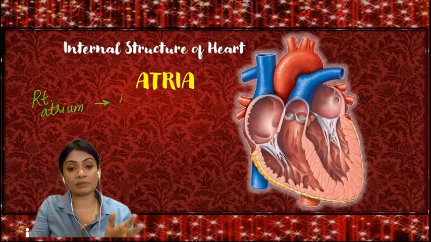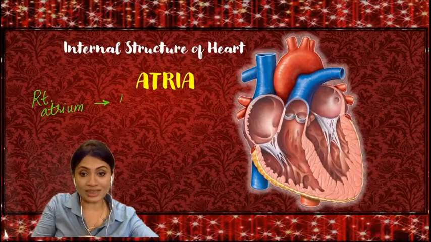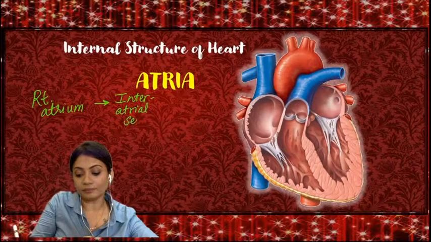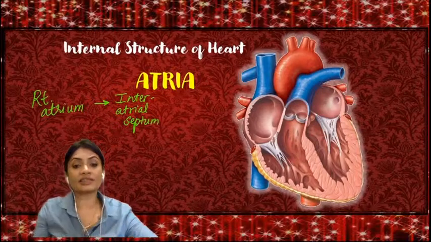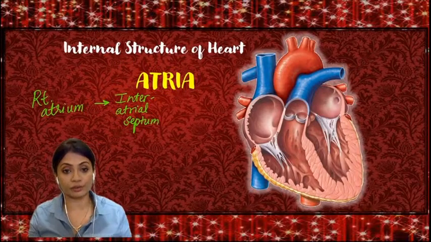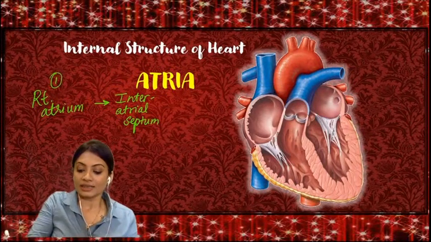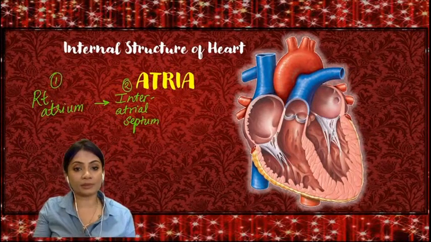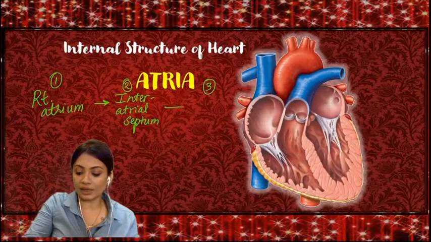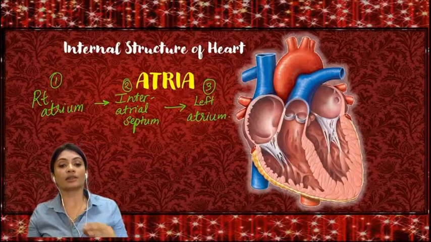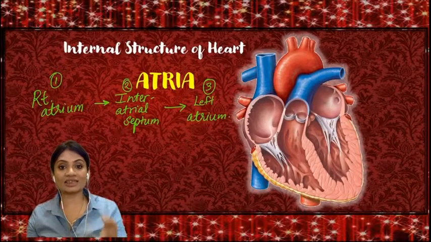If it is a septum between the atria, I may call this an interatrial septum. What's the meaning of septum? Septum is nothing but a separation. So our answer will begin first with the right atrium, second with the interatrial septum, and third it will be concluding with the left atrium. So the whole atria structure is divided into 3 parts.